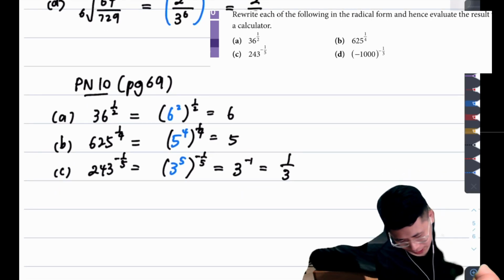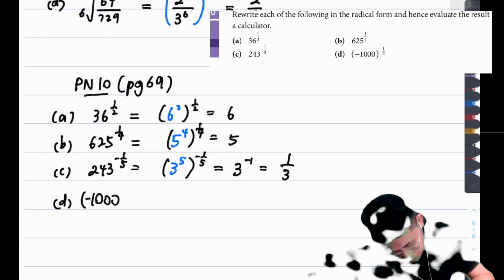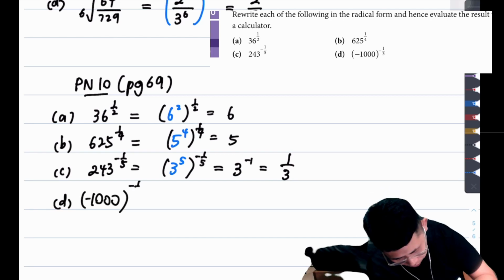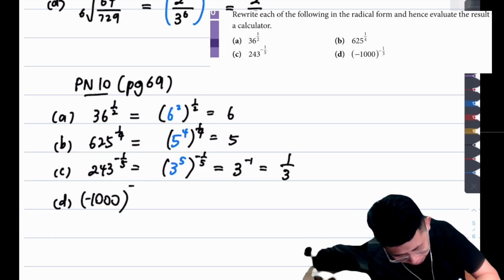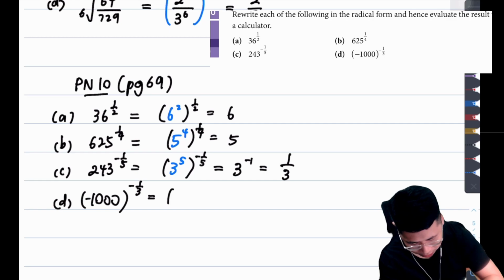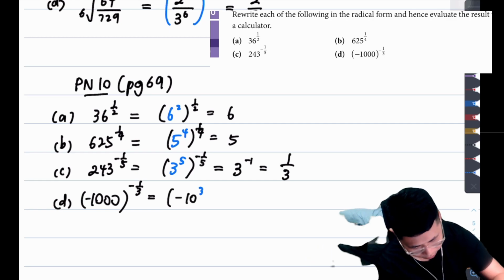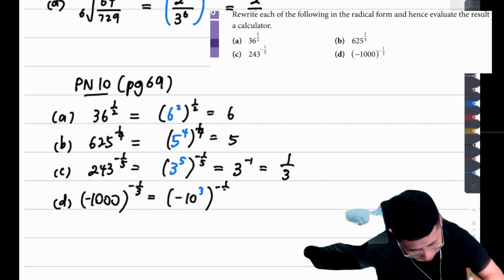Alright, last but not least for D, I have 1000 over there, and it's negative 1000 to the power of negative 1/3. Okay, so let's take a look at the 1/3 first. So this one I have negative 10 cubed, right, to the power of negative 1/3.